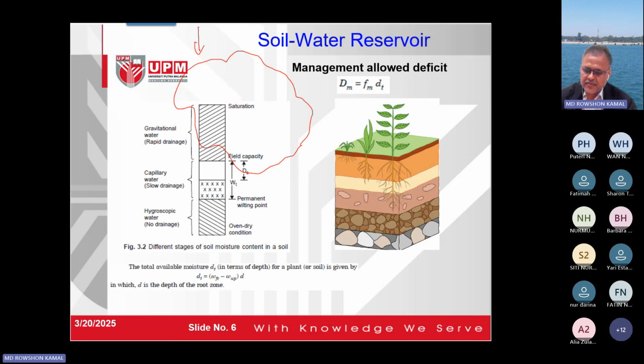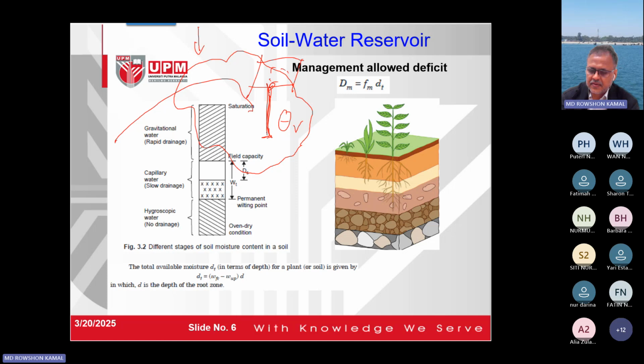If you know the theta b, you will go with your volumetric sensor to the field. The volumetric sensor has a display, and it will give you the theta b. Then you want to measure how much water is stored in your field.